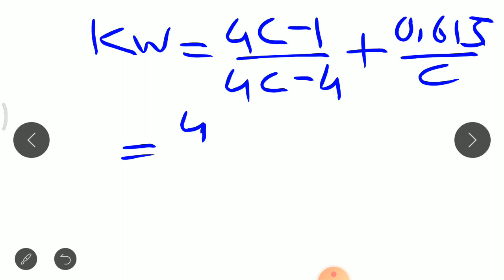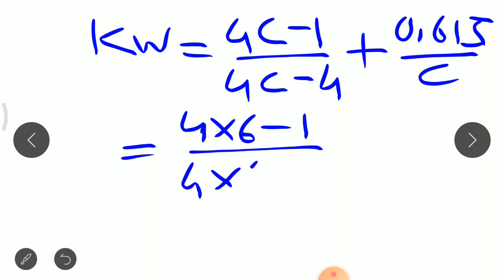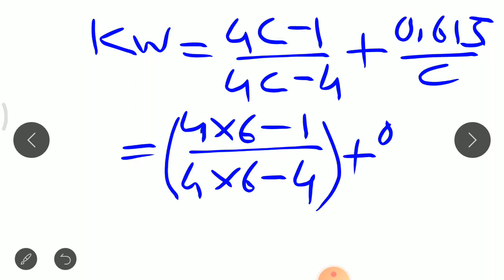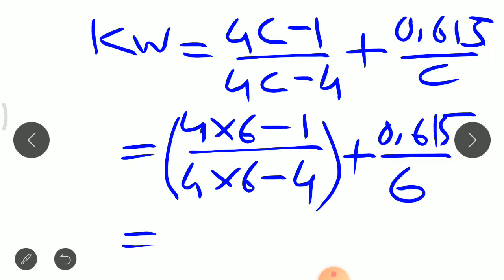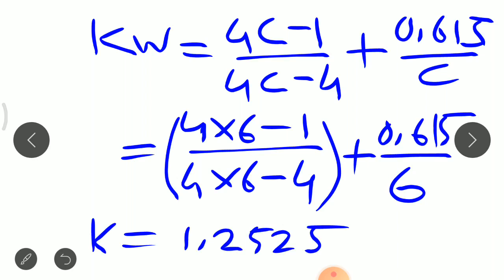C, that means spring index, is 6, which is given, so (4 into 6 minus 1) divided by (4 into 6 minus 4). Solve this quantity first of all, use the brackets properly, plus 0.615 divided by 6, and the final answer of Kw is 1.2525.